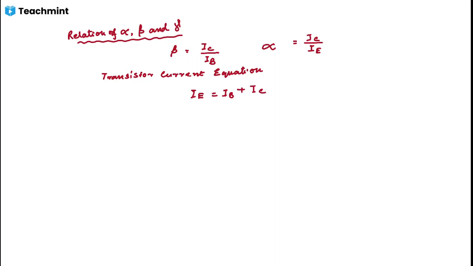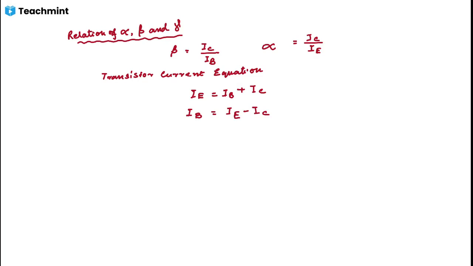So I can write IB equals IE minus IC. We can write it, no problem.